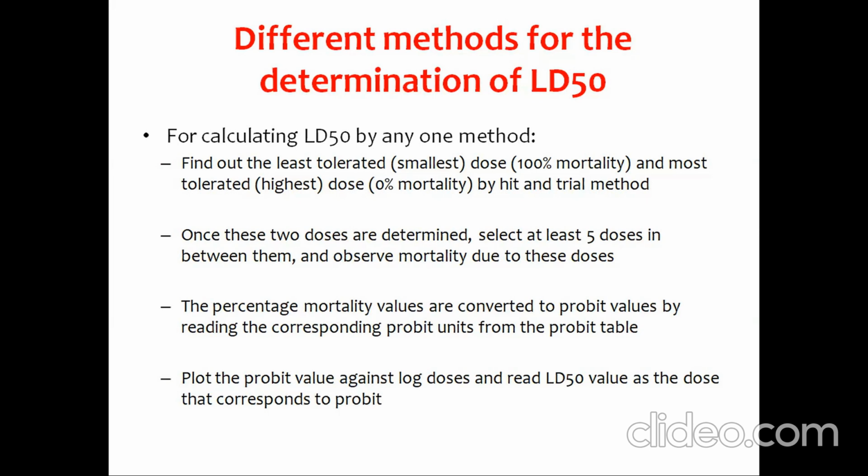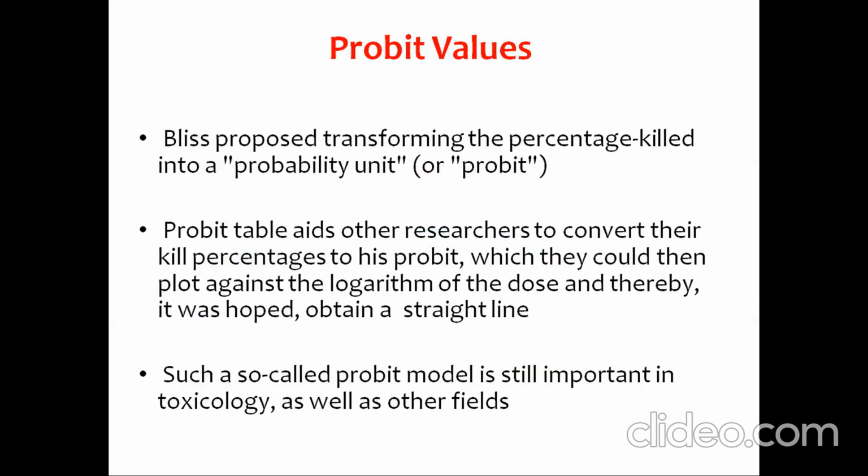The percentage mortality values are converted to probit values by reading the corresponding probit units from the probit tables. Then plot the probit value against the log doses and read the LD50 value as the dose that corresponds to the probit 5.